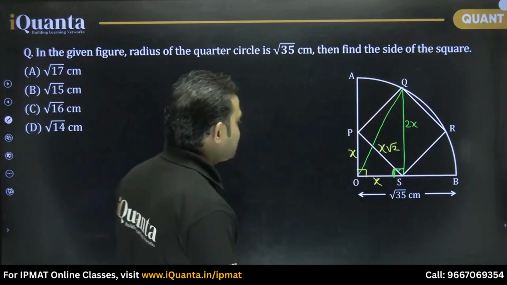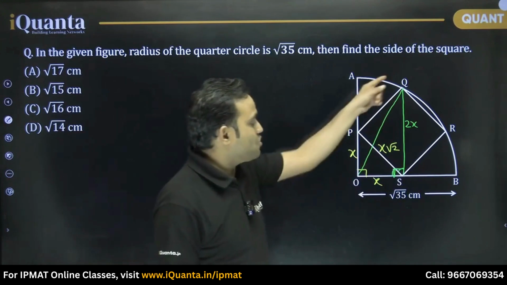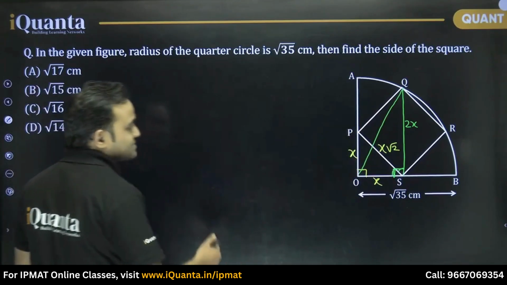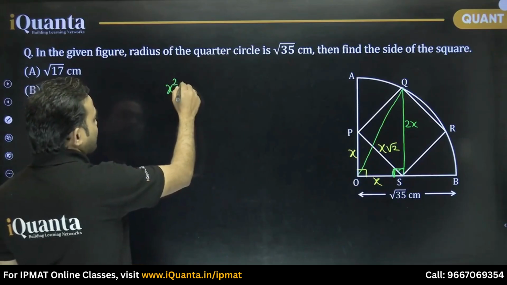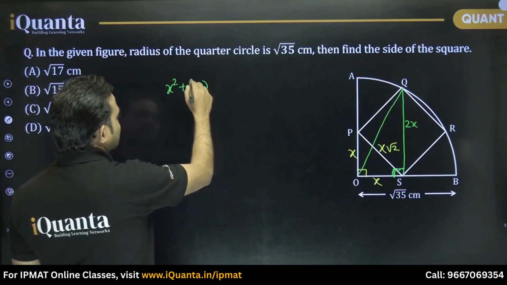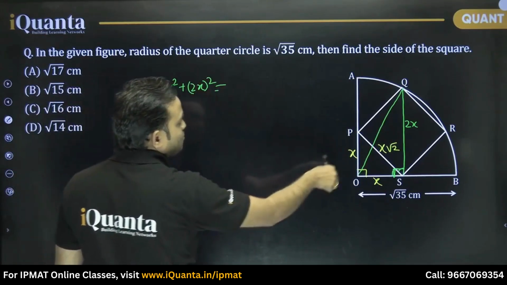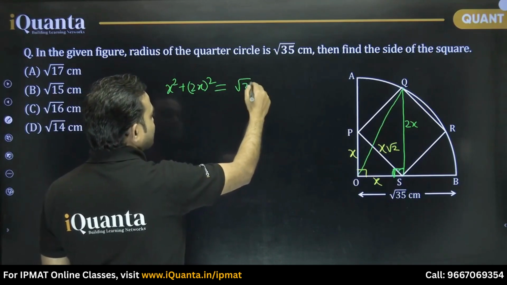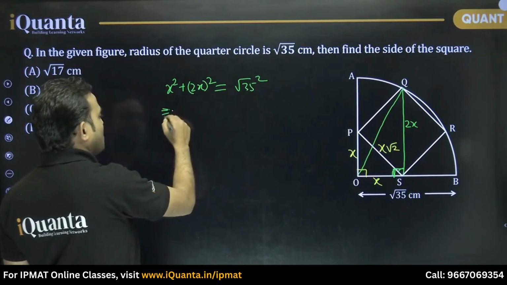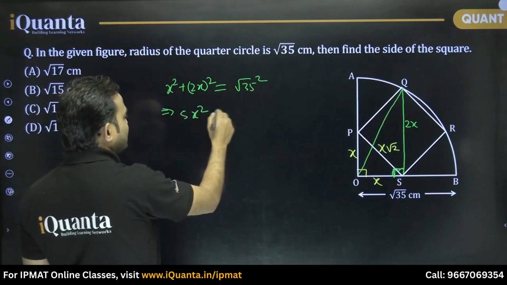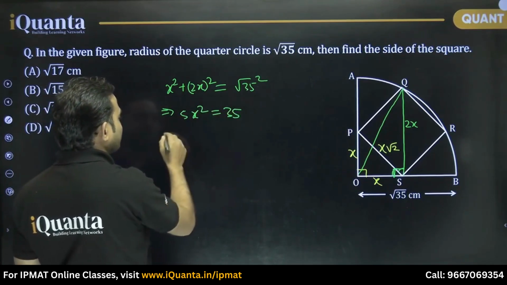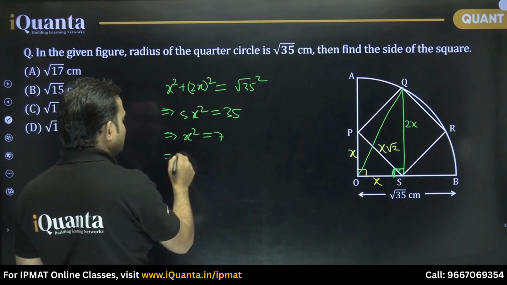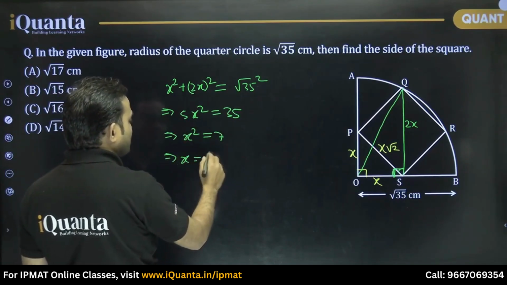So now using the Pythagoras theorem in triangle OQS, can we say OQ is nothing but the radius, so x square plus 2x whole square is equal to OQ square, which is equal to square root of 35 whole square, or 5x square is equal to 35, or x square is equal to 7, or x is equal to square root of 7.